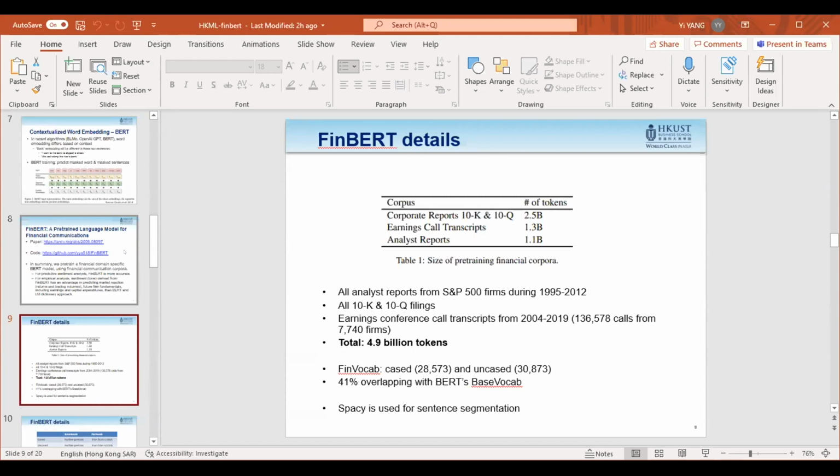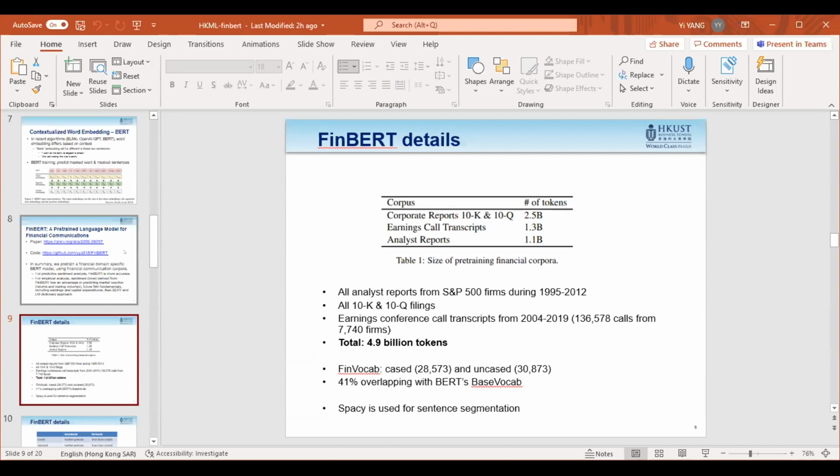For example, in named entity recognition, maybe the capitalized word has more information for this task. Therefore, you want to use a cased vocabulary. For some document classification or sentiment analysis, maybe you want to use an uncased model. We also compare this vocabulary with Google's BERT base vocabulary. We found that there's only 41% overlap between the base vocab of BERT and FinVocab. So that is the details of our data set.